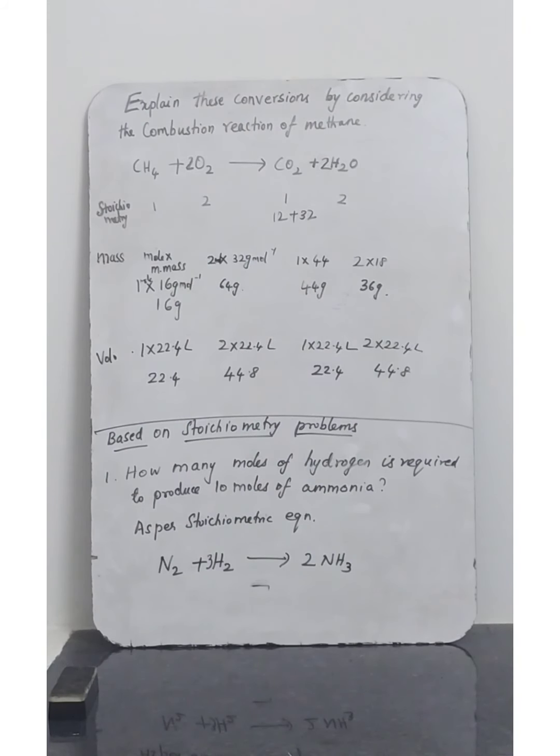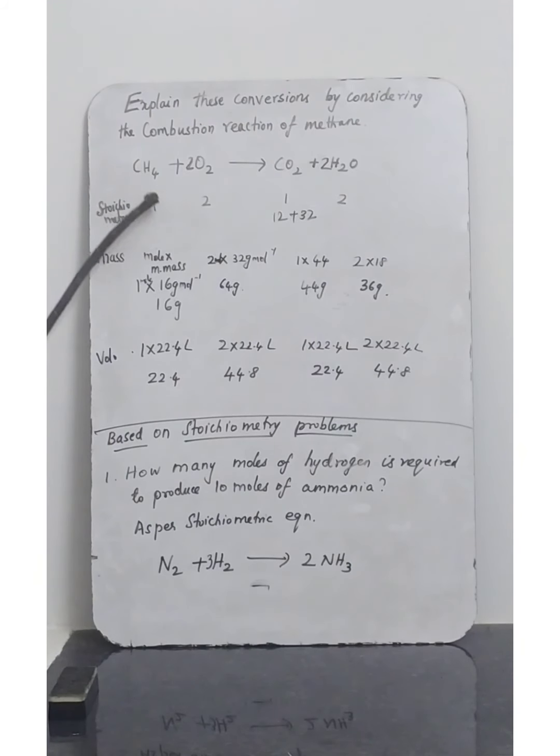In the same way, how can we say it in terms of volume? What we learned already in 10th and 11th, and in this lesson also, is Avogadro's hypothesis. What is Avogadro's hypothesis? Equal volumes of all gases contain an equal number of molecules.